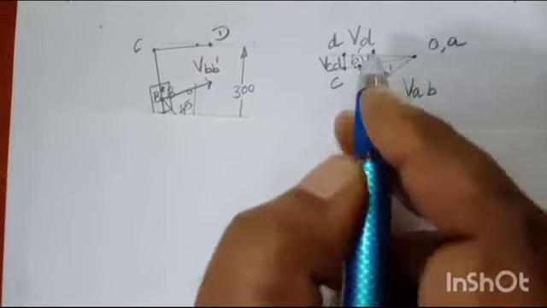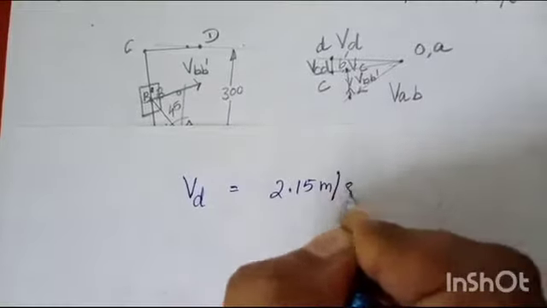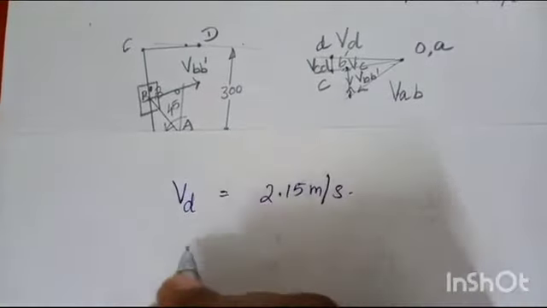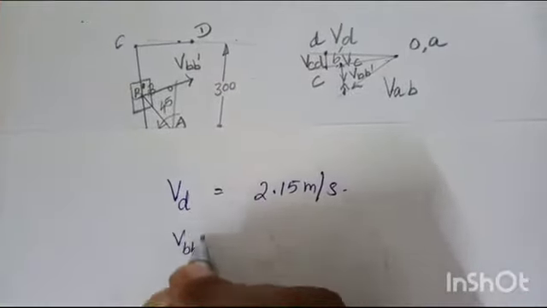So from this diagram, I can measure the velocity of D directly. It came as 2.15 meter per second. Then velocity of BB dash with respect to B is 1.05 meter per second, and velocity of CD is equal to 0.45 meter per second.